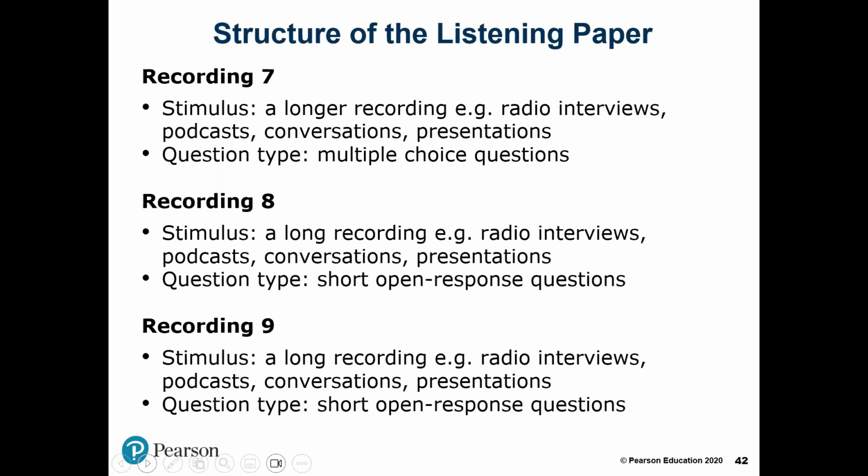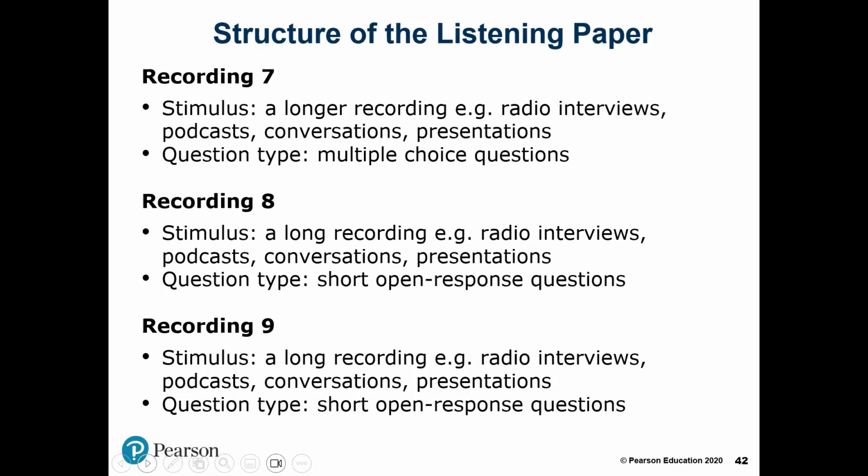Now, the last 3 recordings then, recordings 7, 8, and 9. The stimulus for 7 is a longer recording, for example, radio interviews, podcasts, conversations, presentations. And the question type is multiple choice questions. For recording 8, the stimulus is a long recording, for example, radio interview, podcast, conversation, presentation.